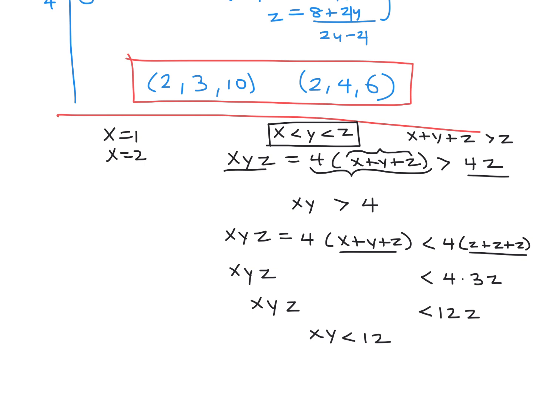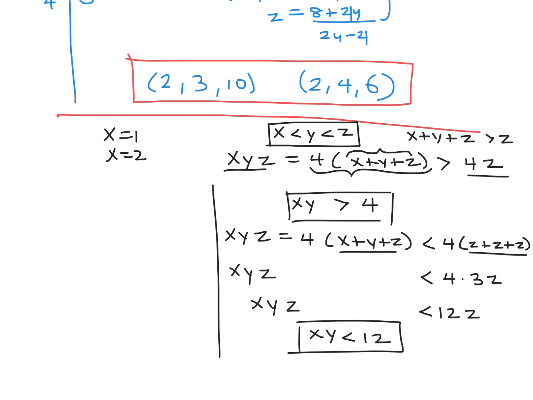Okay, so this and this combined gives me that xy is greater than 4 and less than 12. So that means it's greater than or equal to 5 and less than or equal to 11 because they have to be integers. Okay, I got it.